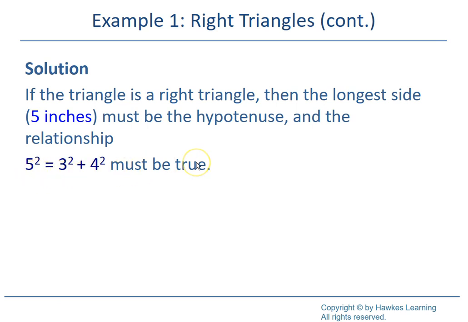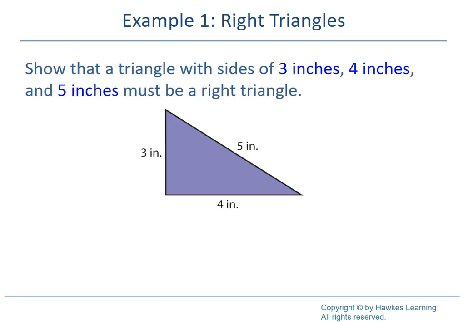So this is true, and we have a right triangle. And this is one of the most famous right triangles. We call it the 3, 4, 5 right triangle, because this is such a beautiful example.